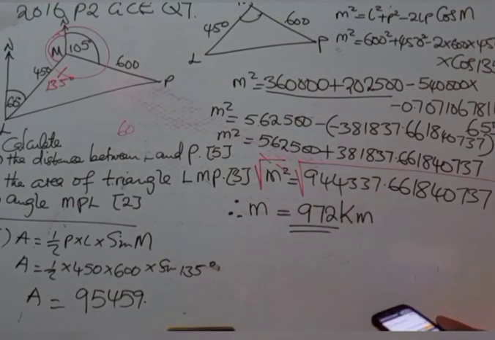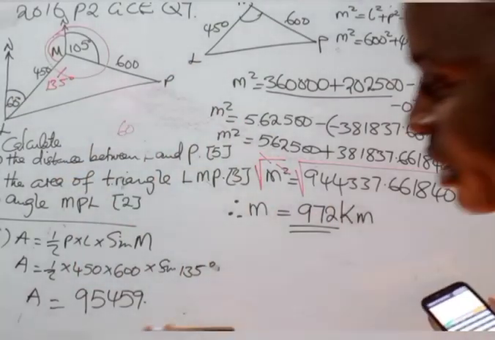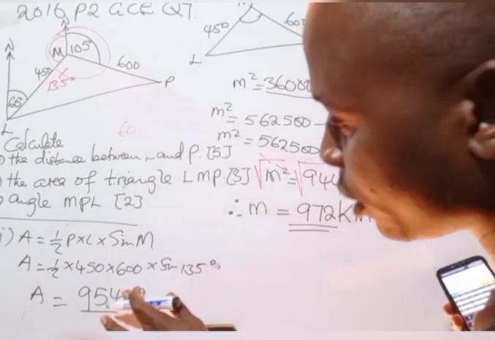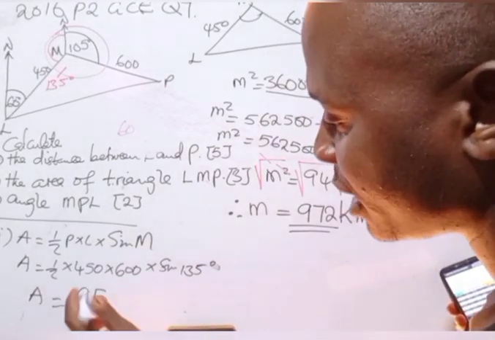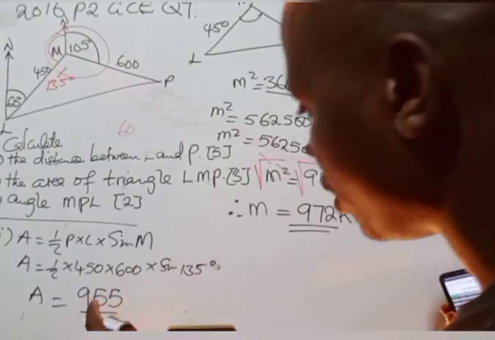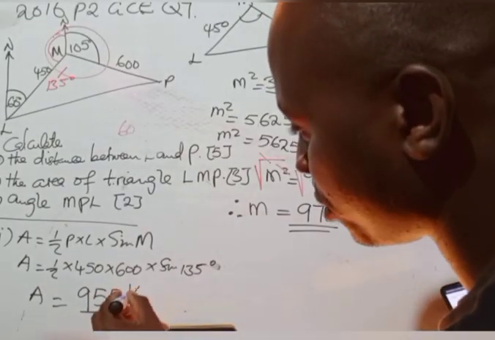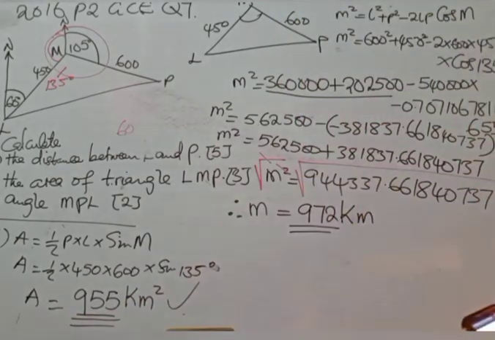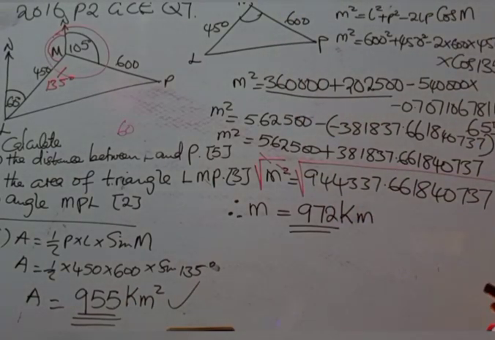Remember, this one we leave in 3 significant figures. So our final answer will be up to there. Instead of writing 4, we are going to write 5, because we are rounding it off to 3 significant figures. So it will be kilometers squared.